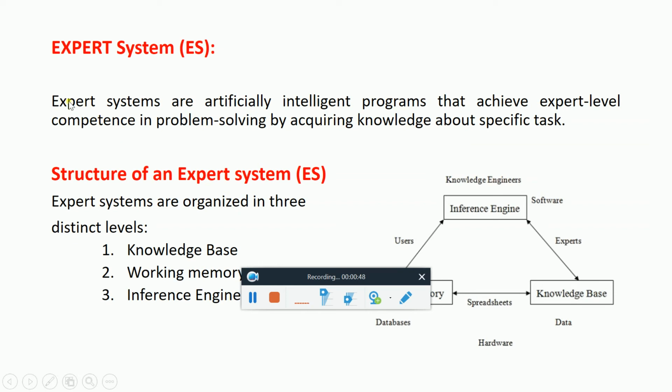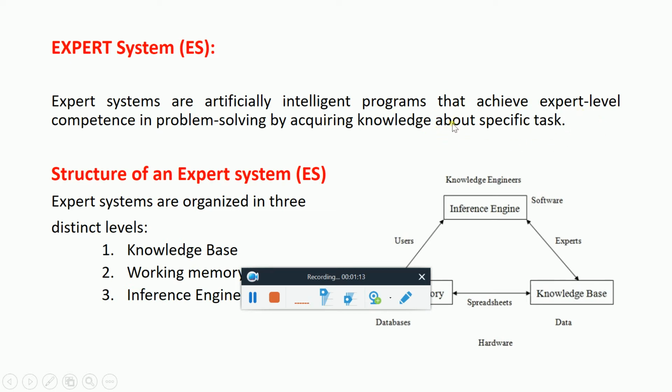So the definition of expert system is: expert systems are artificially intelligent programs that achieve expert level competence in problem solving by acquiring knowledge about specific tasks. From this definition, it is clear that expert systems are basically designed for a specific task.